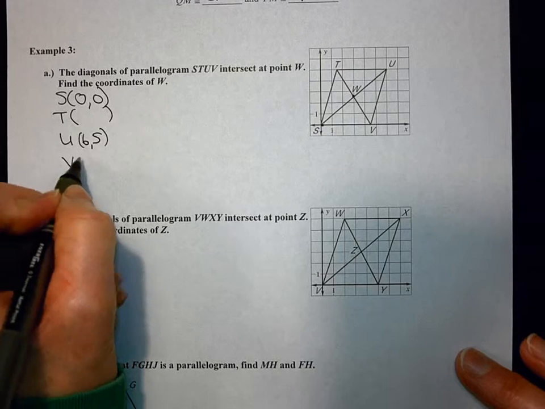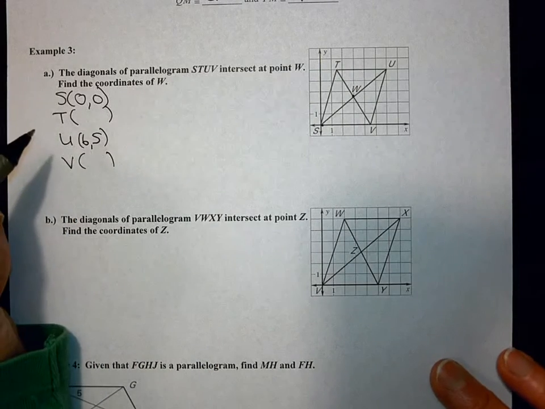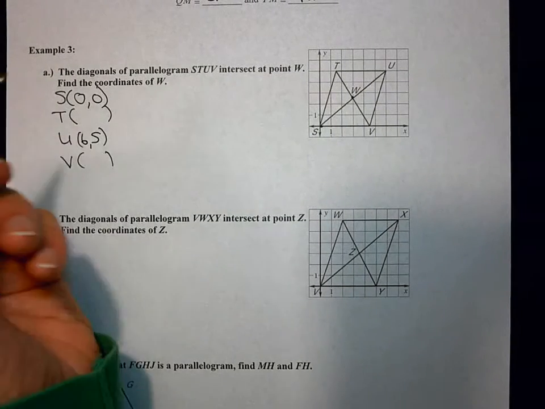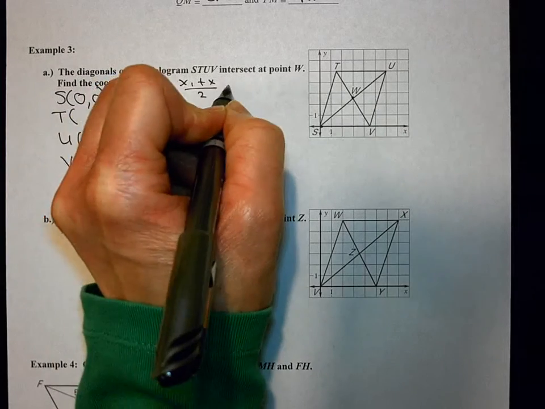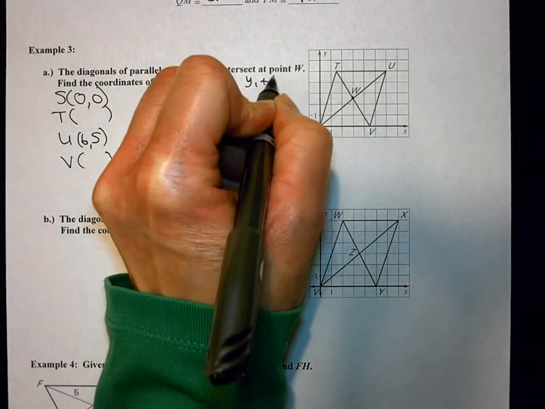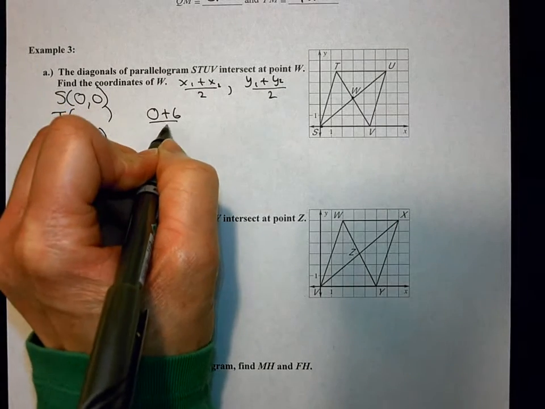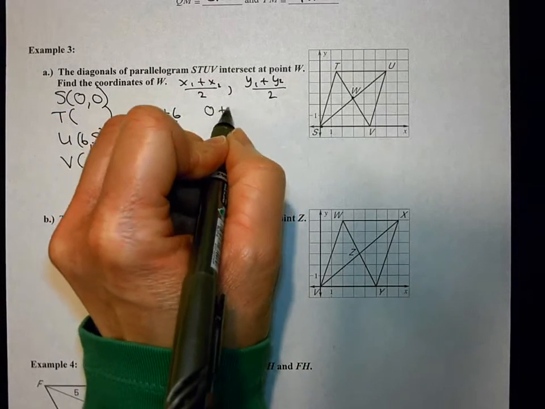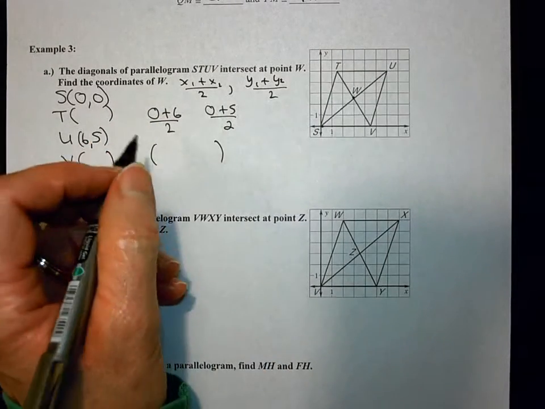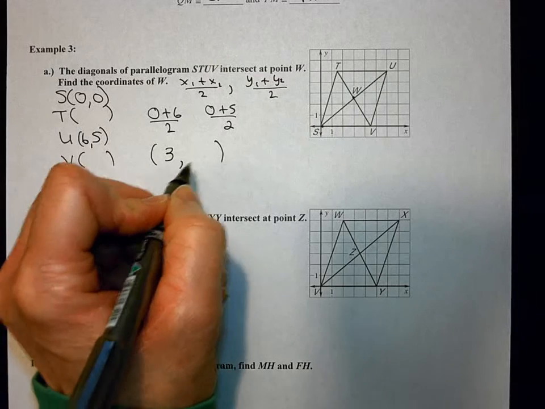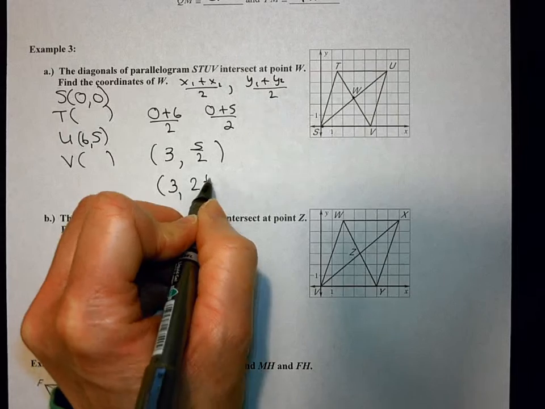And then V again we can't label correctly because it's in between. So I'm going to use these two points to find a midpoint. Remember, the midpoint of a line is x1 plus x2 over 2 and y1 plus y2 over 2. So in this case I'm going to go 0 plus 6 over 2, 0 plus 5 over 2. So my midpoint is going to be 3 and 5 over 2, or 3 and 2.5.